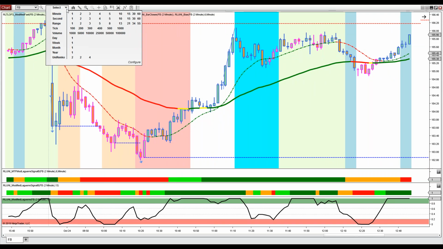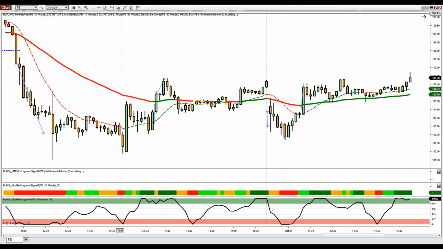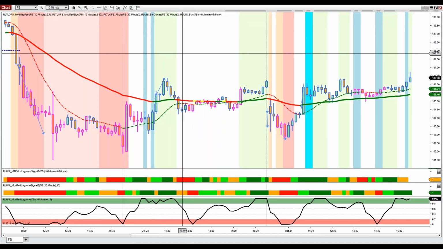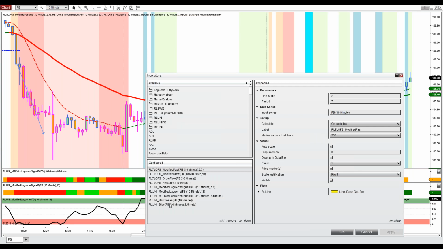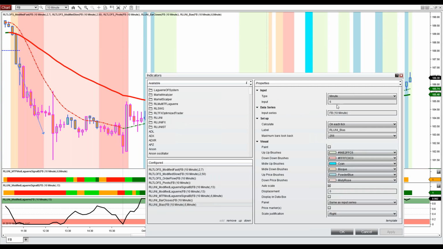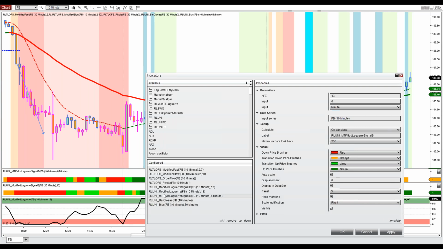Let's just quickly go to a 10 minute. There's a 10 minute. And let me just go to the indicators. I mean, I want to put this through its paces for you. So our 10 minute is going to be a 30 minute here. And it's going to be a 30 minute on the MTF.